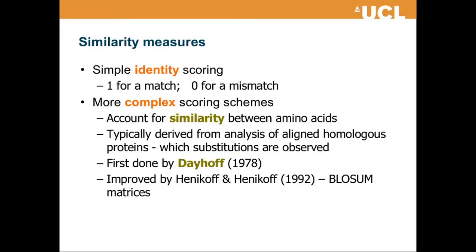And this is a family of matrices such as Blossom 80, Blossom 65 and so on, which are designed for homology searching at different sorts of similarity levels. So if you're looking for proteins that are very similar, you use a high scored Blossom matrix. If you're using this to look for sequences that are quite different from one another, you use one of the lower matrices like a Blossom 35.